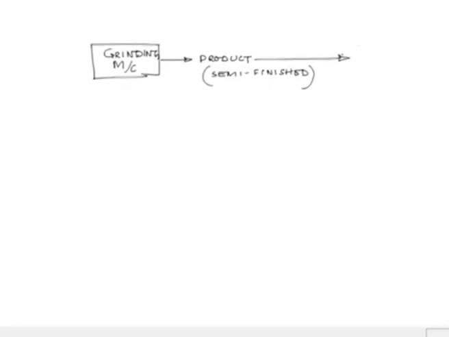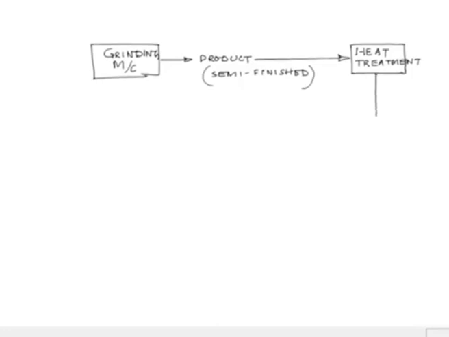Therefore, we may need to take this semi-finished product to a heat treatment process, in which the surface hardening will be done.